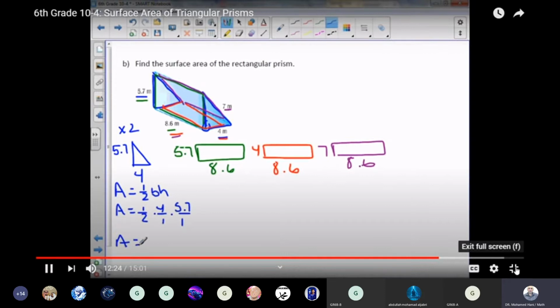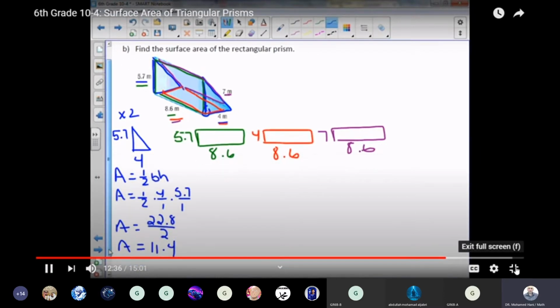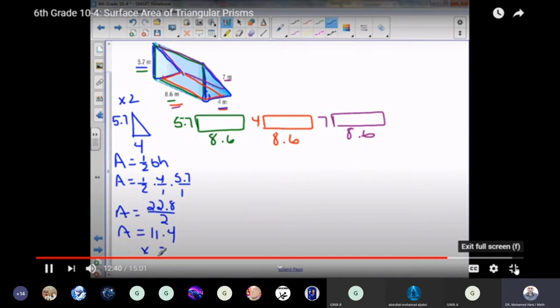Area equals 22.8 over 2. Area equals 11.4. But remember, there are two triangles. Multiply by 2, and we get 22.8.